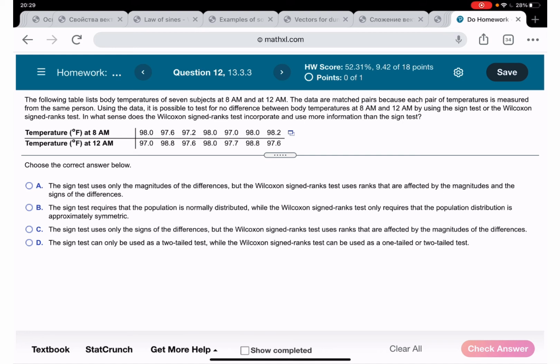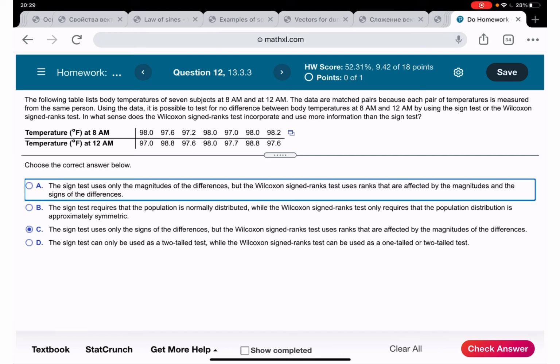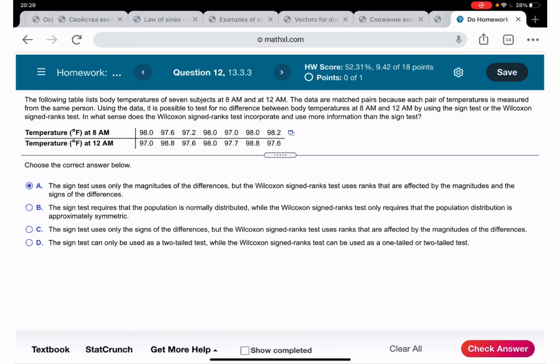So which one is it? Ranks affected by the, oh, looks like it's this one. Only the sign of the difference, but the rank test uses ranks, not just ranks, signed ranks. Okay. And the signs of the differences, it's going to be A.